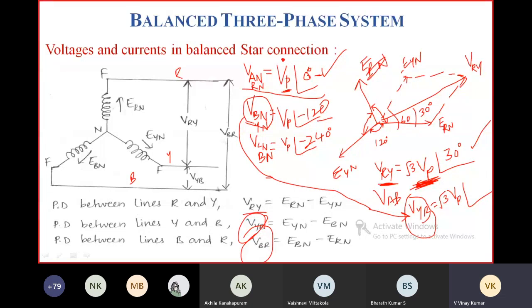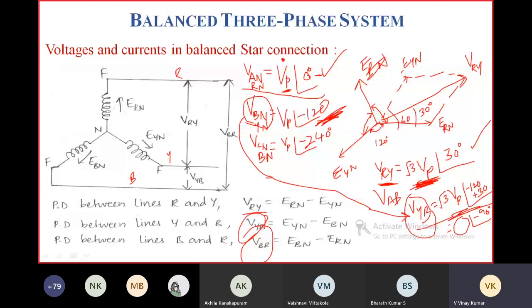So if this is VP at an angle minus 120 degrees, this will be root 3 VP at an angle minus 120 plus 30 degrees, which is equal to root 3 times VP at an angle minus 90 degrees.